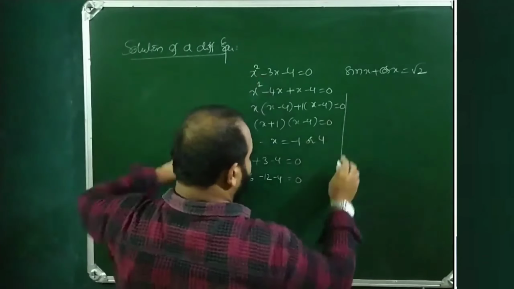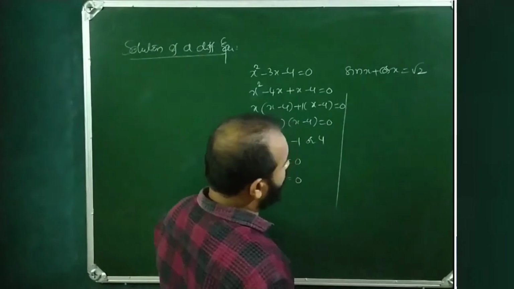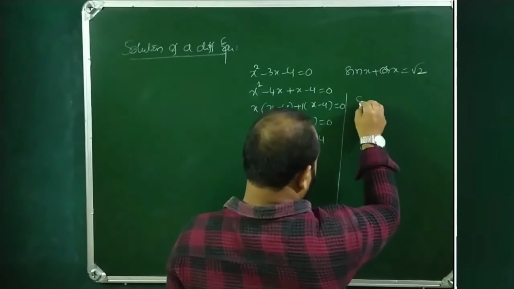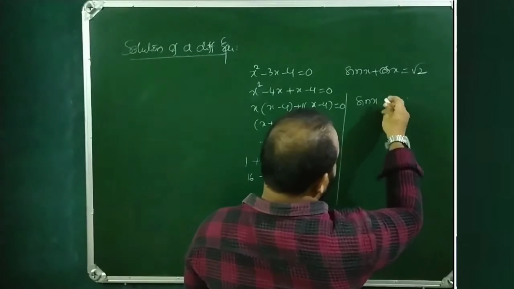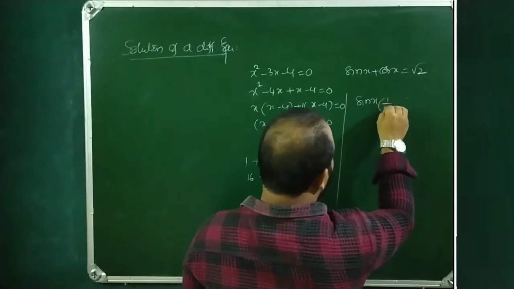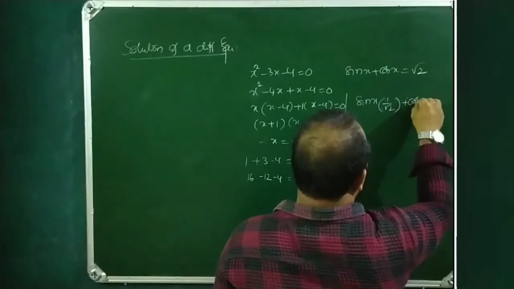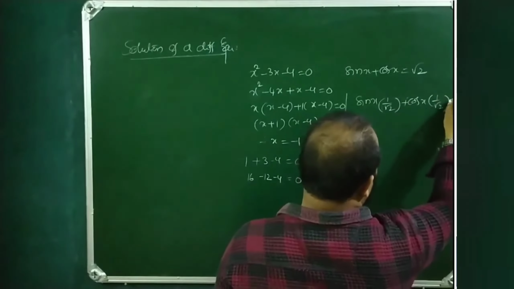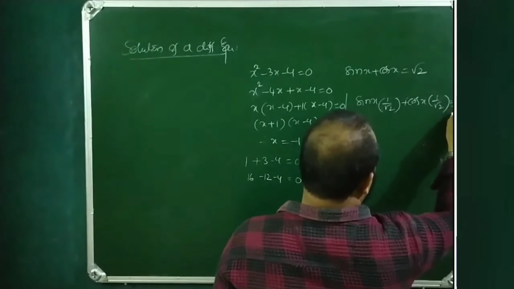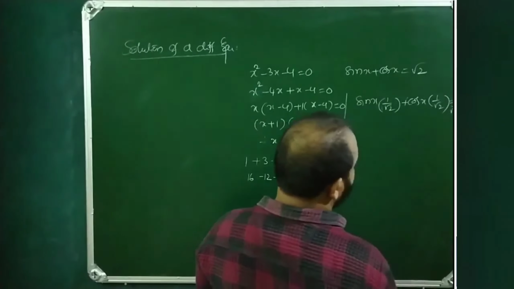Likewise, if you solve this, sin x plus cos x is equals to root 2. So sin x plus cos x, this can be written as sin x into 1 by root 2 plus cos x into 1 by root 2, that we have done in the last year. So root 2 by root 2.